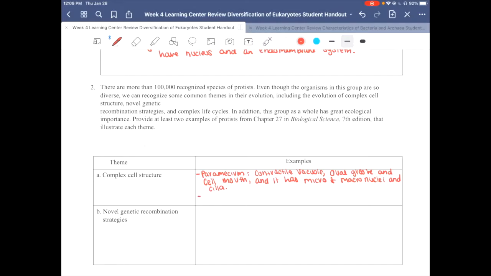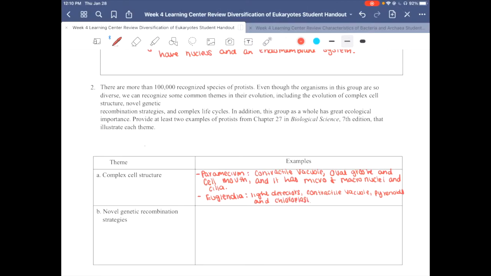Another example of a protist: this protist has light detectors. It also has a contractile vacuole, pyrenoids, and chloroplast.